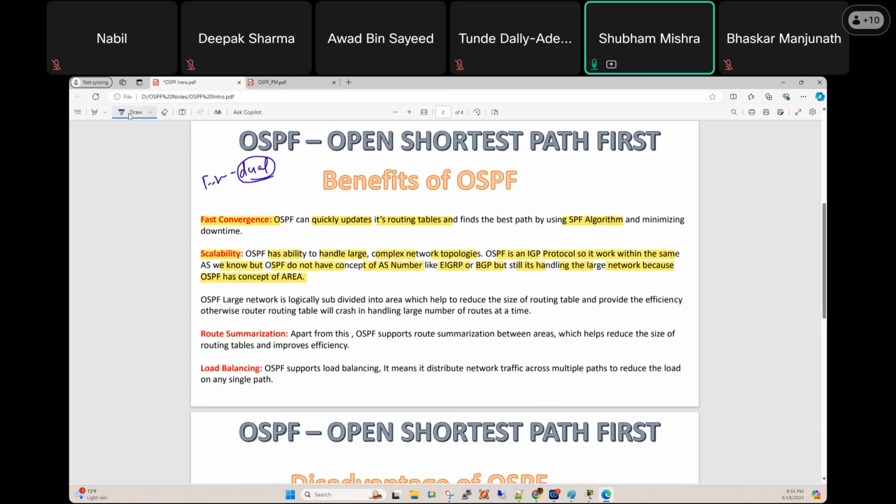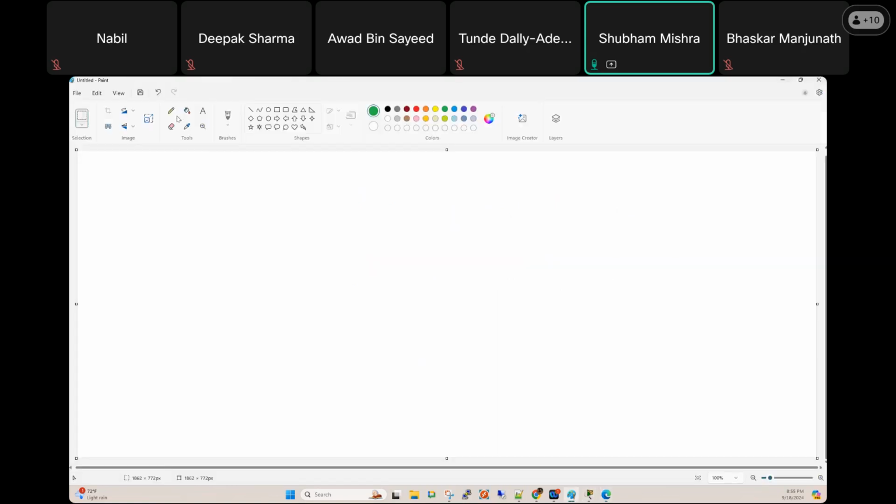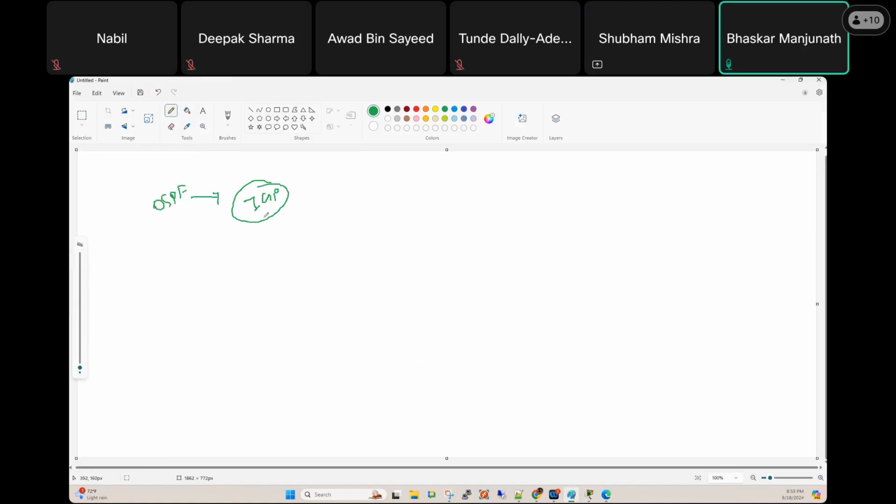Try to understand the meaning of this line. I told you OSPF is an IGP protocol. Yes or no? If OSPF is an IGP protocol, it means it works within the same AS.